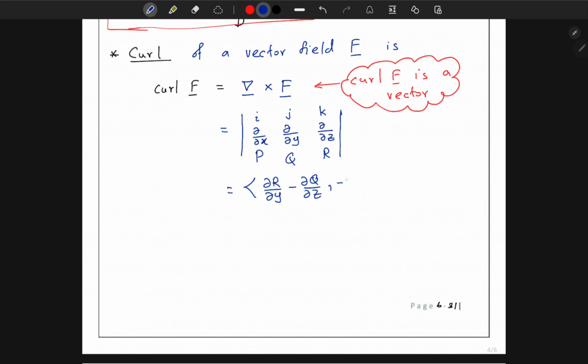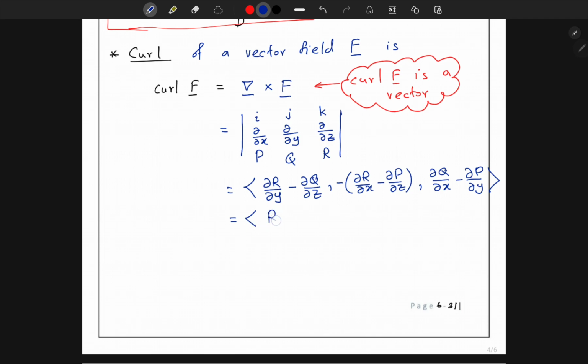Then the second component is negative ∂R/∂x minus ∂P/∂z. The last component is ∂Q/∂x minus ∂P/∂y.